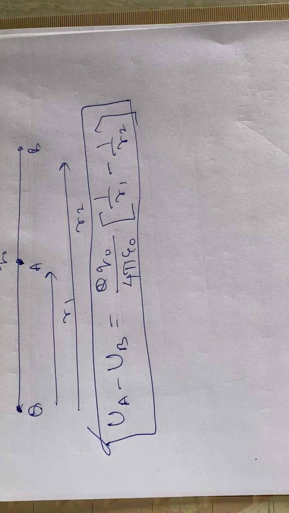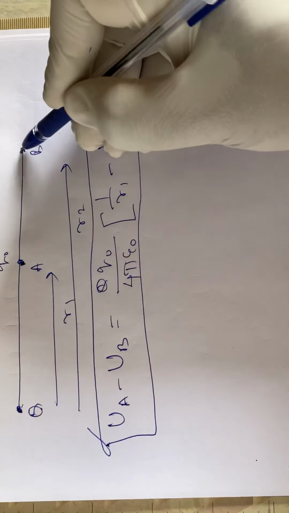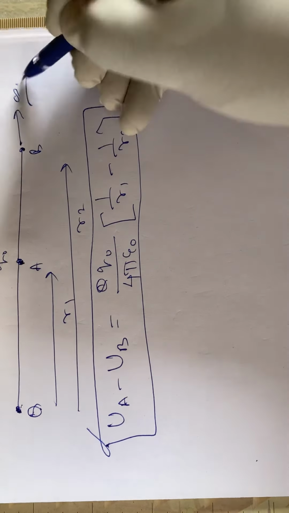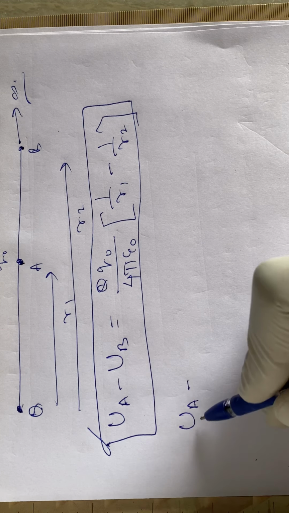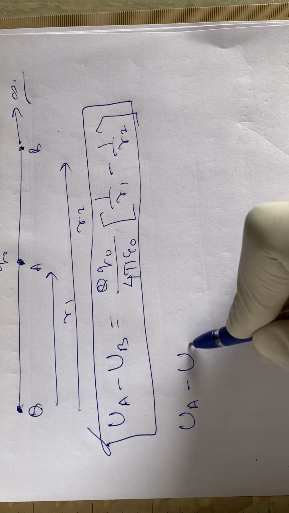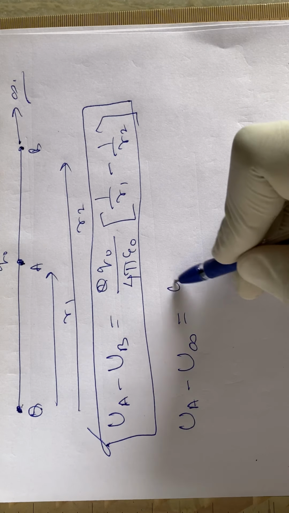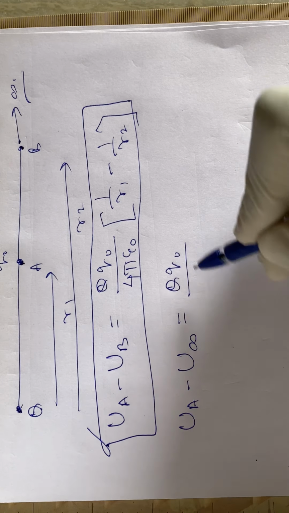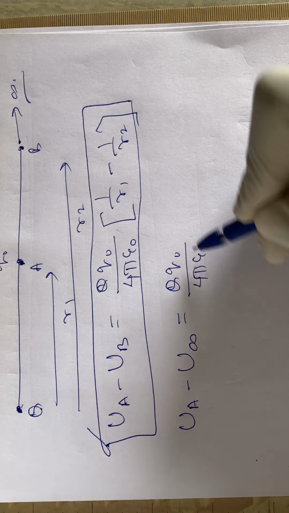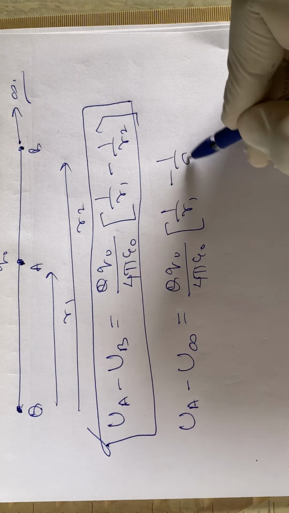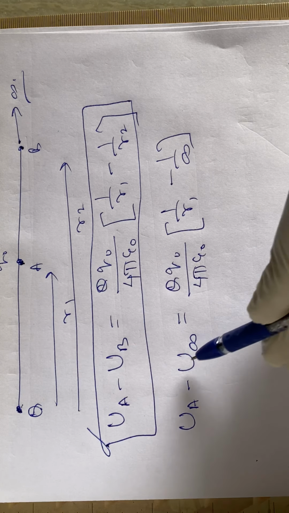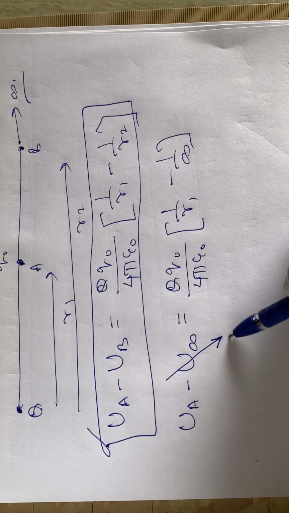Now, if we take this point B to infinity, you can write the change in potential energy between point A and infinity as q naught over 4 pi epsilon naught times 1 over r1 minus 1 over infinity, and potential energy at infinity we will take to be 0.